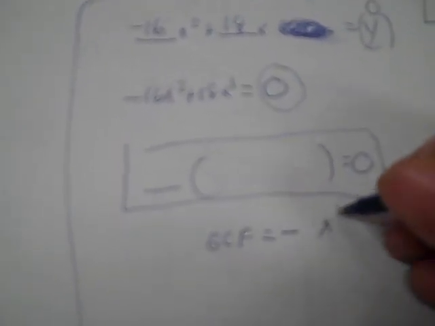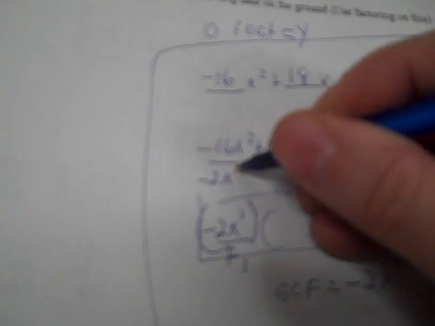Okay, so GCF. We do have the negative in front. X second, X1, so X1, and then I go 16, 18. I got 2. Negative 2x to the 1. Okay, so negative 2x to the 1 is getting factored out. That's F1. And when we factor something out, we have to go up and divide by negative 2x to the 1.